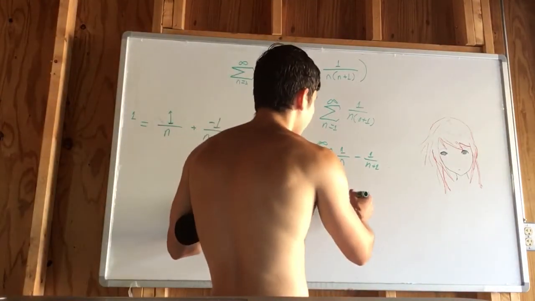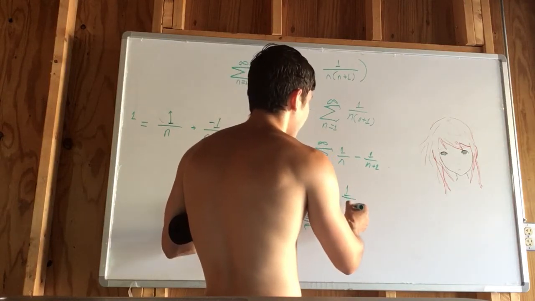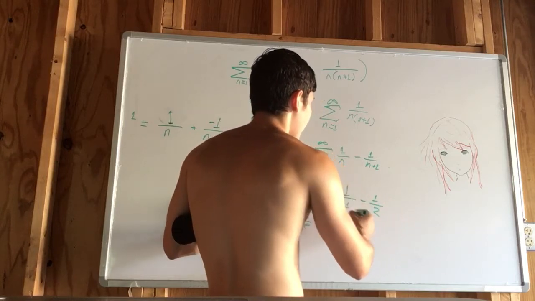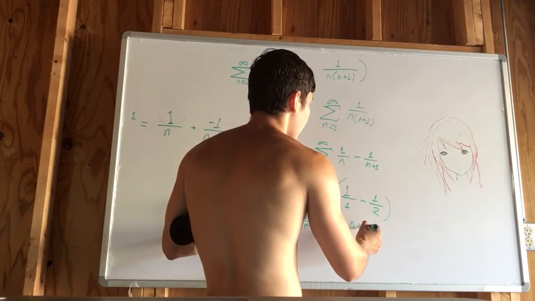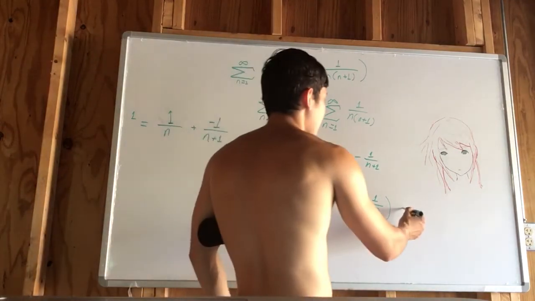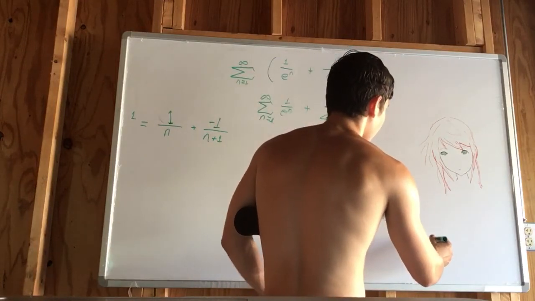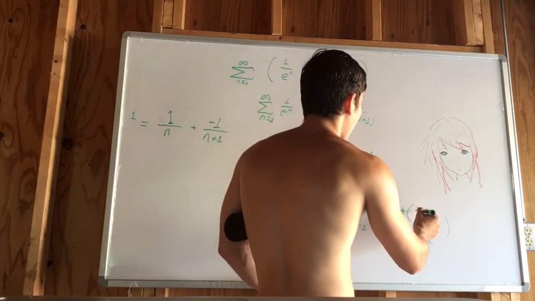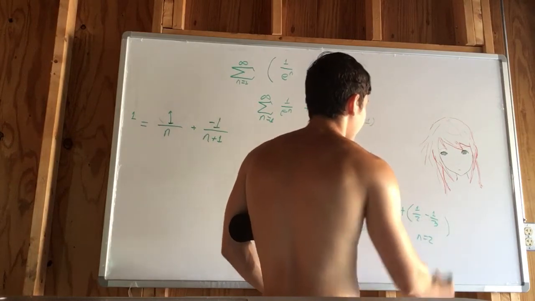So with our first term, with our first n equals 1, we would have 1 over 1 minus 1 over 2. And this would be when n equals 1. And with the series, we're adding stuff, right? We're just adding stuff. So then we would have n equals 2. With n equals 2, we would have 1/2 minus 1/3.